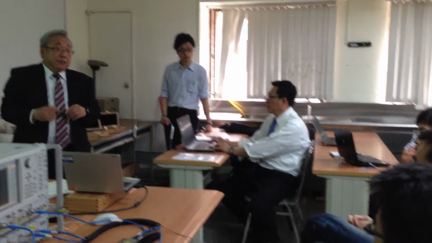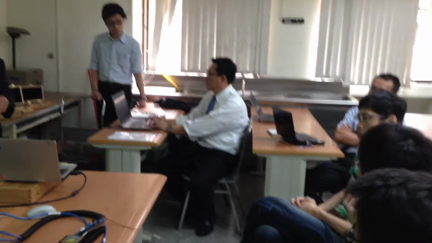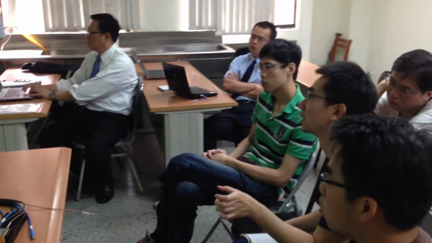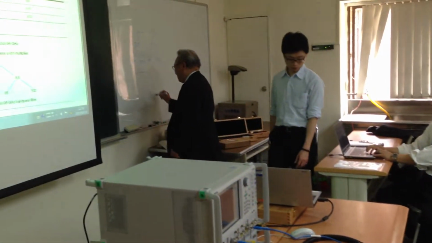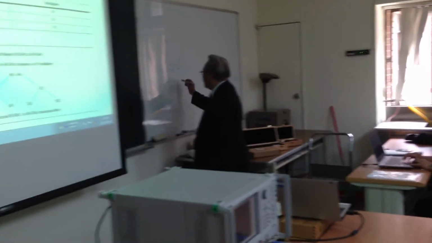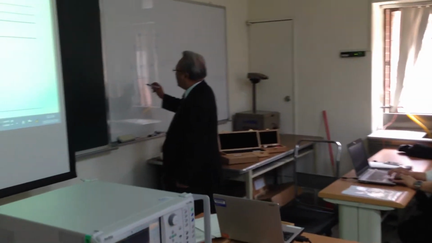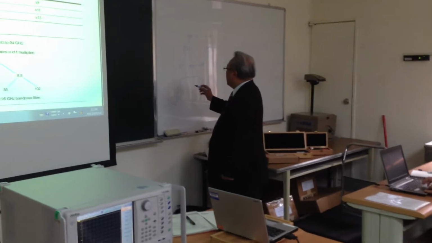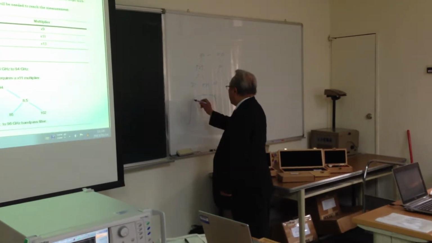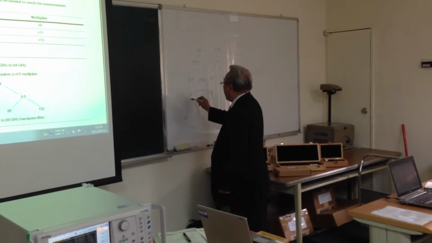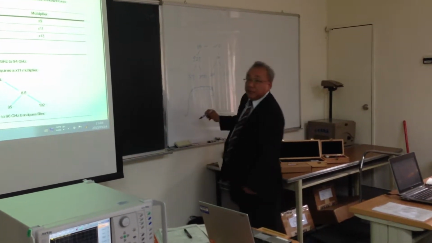Then how about the slope? You mean 50 dB, maybe after 3 gigahertz, maybe after 10 gigahertz. Usually the bandwidth of the bandpass filter is defined at 3 dB down, with a low end and a high end frequency.